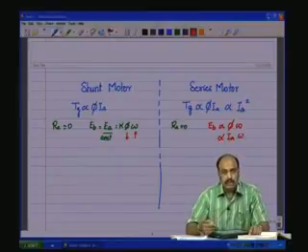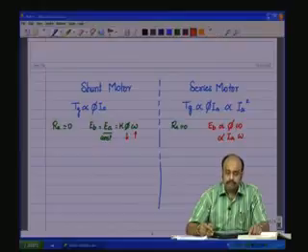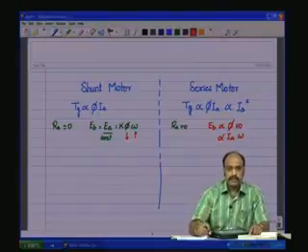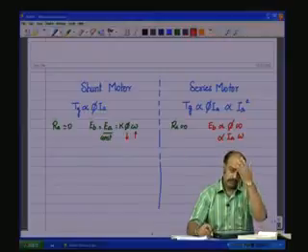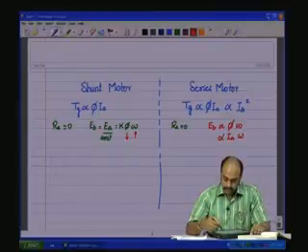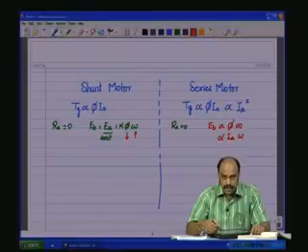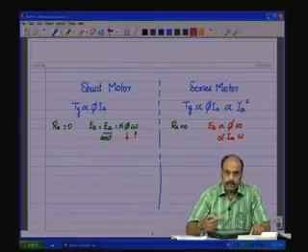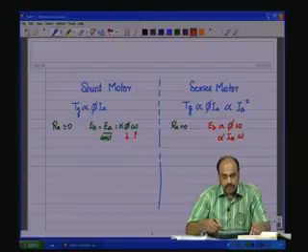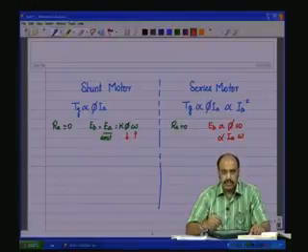If Ia is 0, that is at low speeds, when the shaft is not rotating, that is omega is equal to 0, Eb is 0. Under no load conditions, when Ia is close to 0, then also Eb is equal to 0.